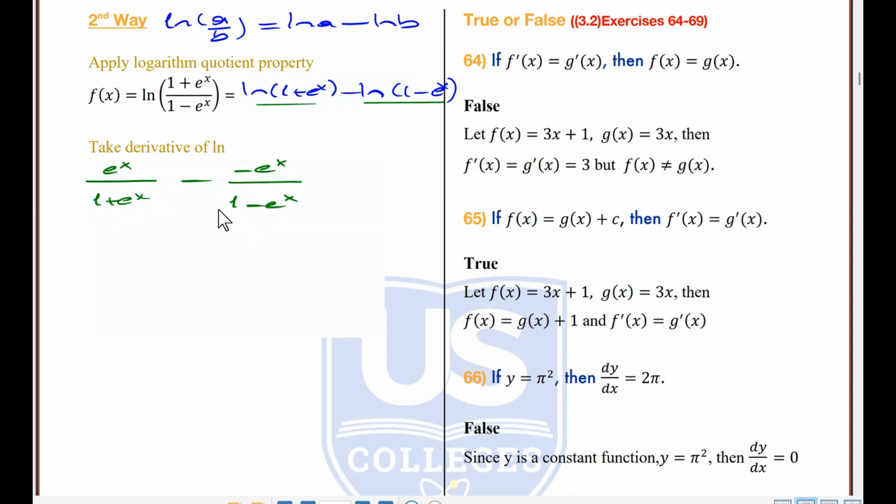Now, I see different denominators. I should get the common denominator by multiplying them by each other. So, multiply this one by 1 minus e to the x, and this one by the other one, 1 plus e to the x.